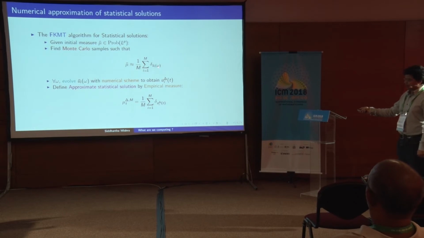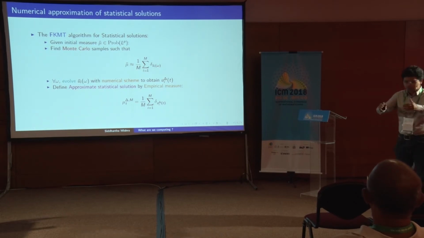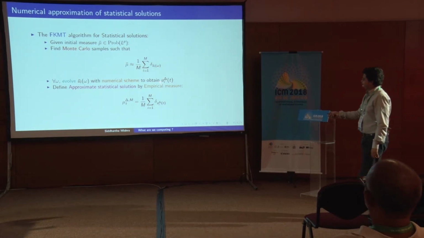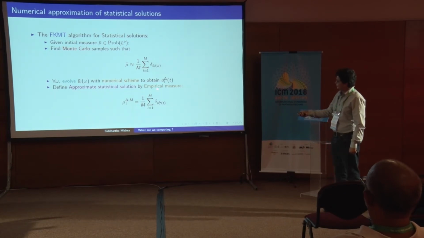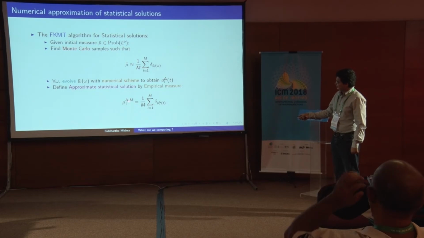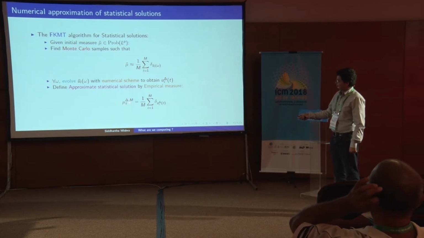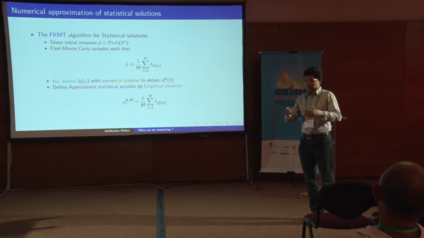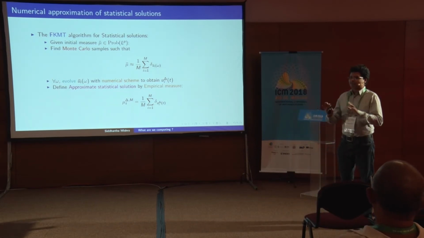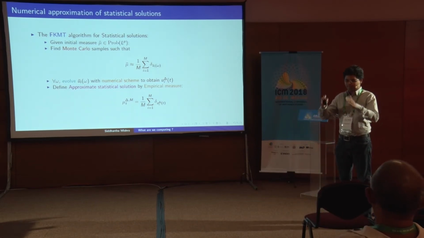Each of these samples is a function; use your favorite numerical method. This gives you an approximate solution. Club them together by the so-called empirical measure. And this object here is a probability measure on LP and will be a candidate for my statistical solution. So the algorithm itself is very simple. Sample, evolve the samples, average them.